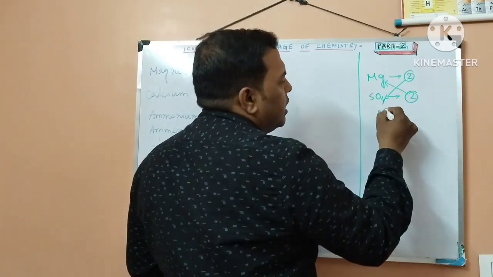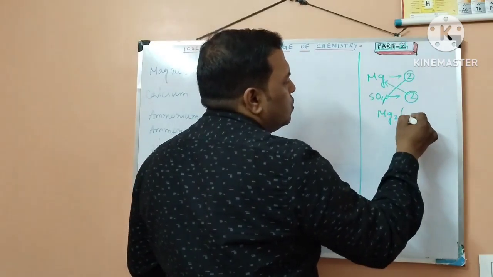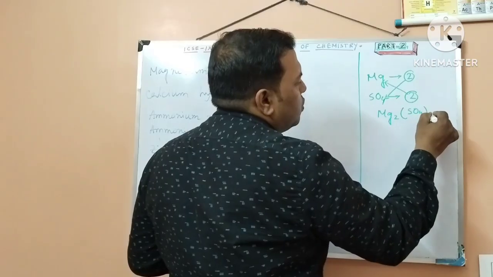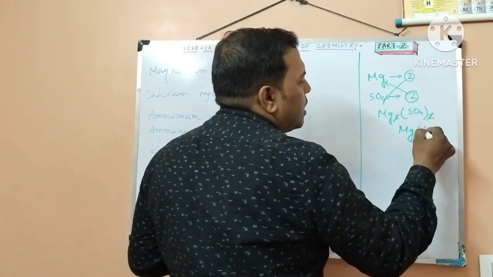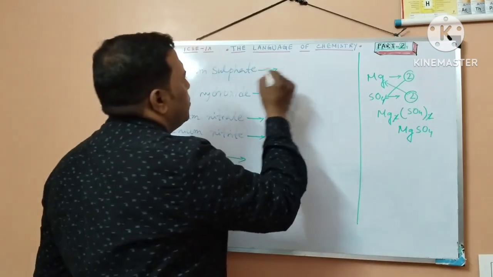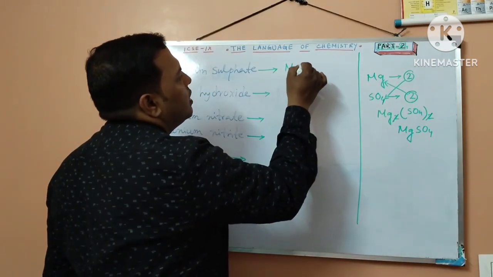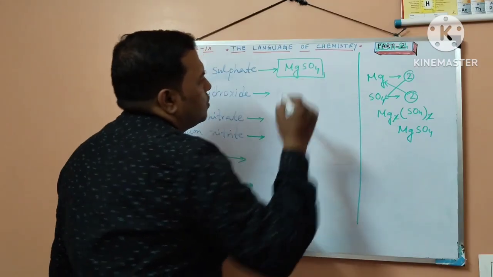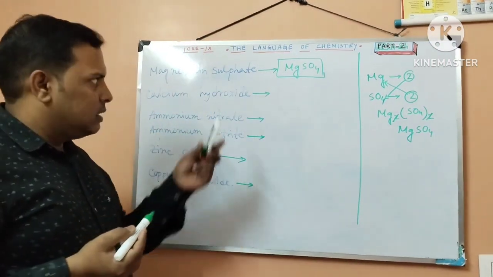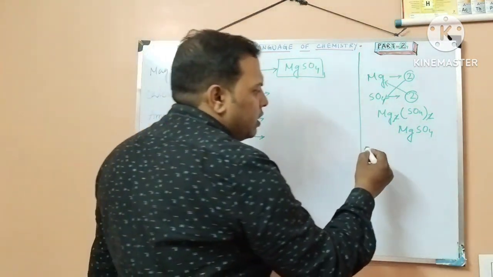So what is coming? Mg2, SO4 2, both 2 will cancel. So the final formula is MgSO4. So magnesium sulphate, what is the formula? MgSO4. No problem, I think.